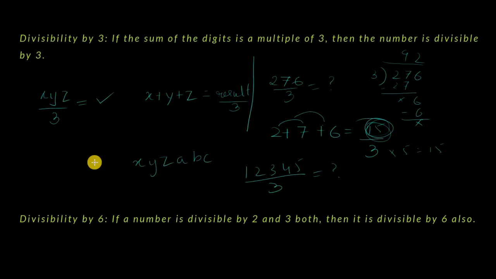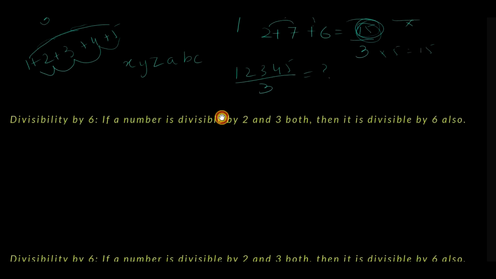You don't need to divide it, just sum it up. 1 plus 2 plus 3 plus 4 plus 5. 5 plus 4, 9, 9 plus 3, 12, 15. So this number is also divisible by 3, because the sum is 15, and we know that 15 is divisible by 3. It was quite easy.